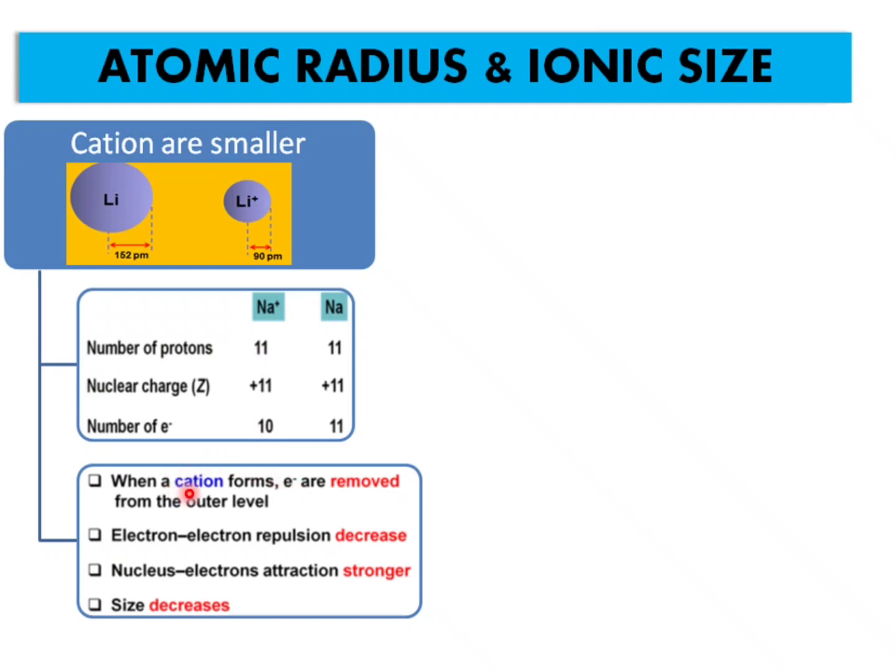Okay, so when a cation form, electron are removed from outer level. Ini saya dah pernah ajar dalam chapter 2. Contoh, kalau sodium atom, proton number 11. Nampak, sodium ion juga proton number sama. Sebab yang kita donate bukan proton, yang kita donate adalah elektron. So, number of proton yang berada dalam nukleus masih sama, iaitu positive 11. Positive 11 tu lah adalah kita punya effective nuclear charge.